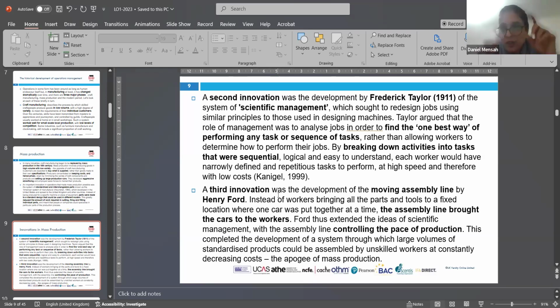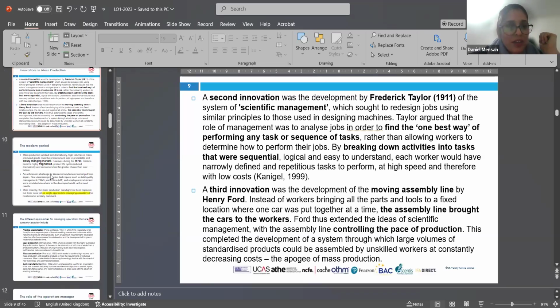So he is skilled in that specific task and performs better. As they performed better, it was constantly reducing the cost, and that time period was the peak of mass production. So it is just like a story.